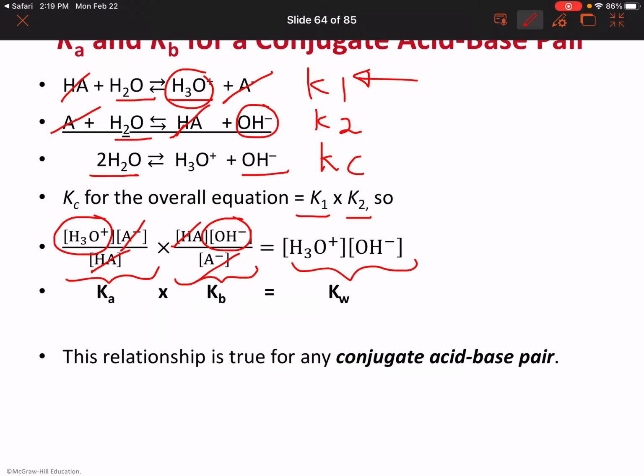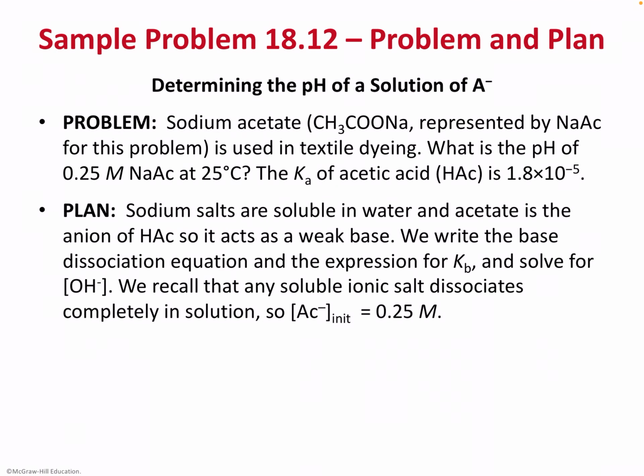Ka and Kb for a conjugate acid-base pair: basically Ka times Kb equals Kw. So we came up with this expression, Ka times Kb equals Kw, for a conjugate acid-base pair, and this relationship is true for any conjugate acid-base pair.